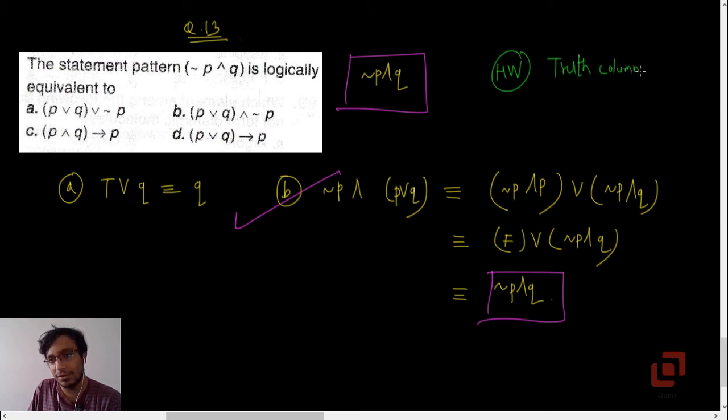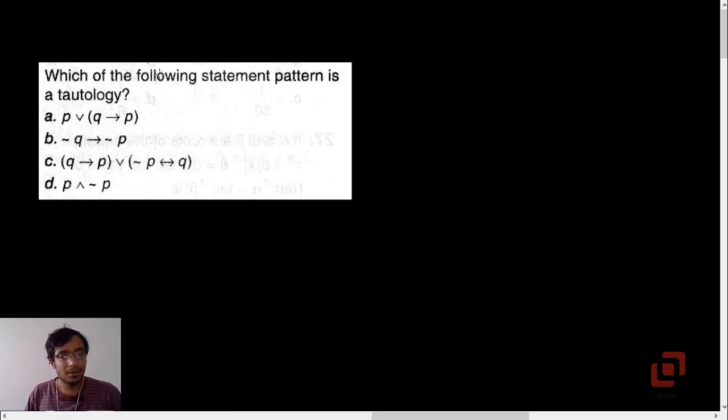Which 5? 4 in the options and the first given to you in the problem, that is negation P and Q. You will eventually find out that negation P and Q has a truth column which is identical to that of P or Q and negation P. So that was 13th. Question number 14.